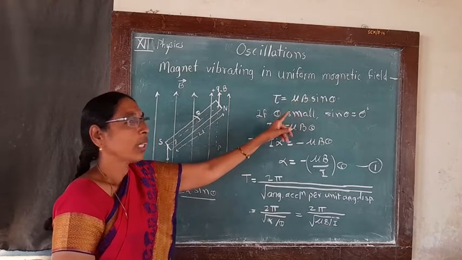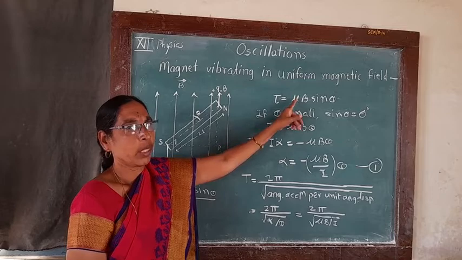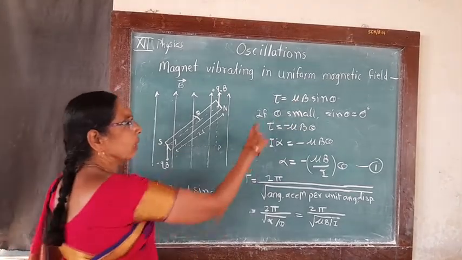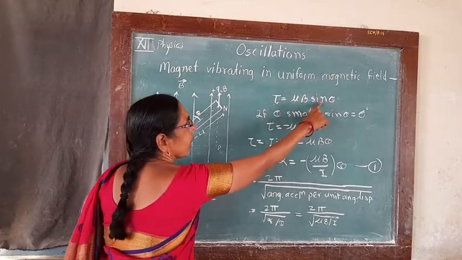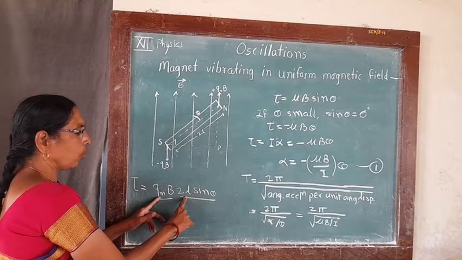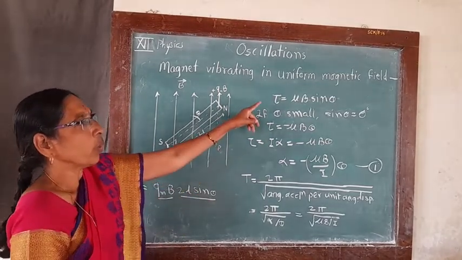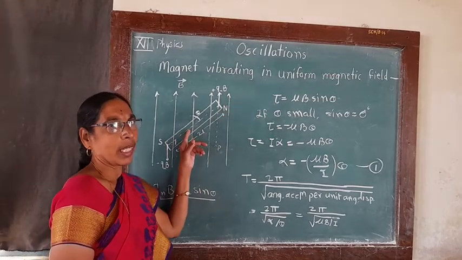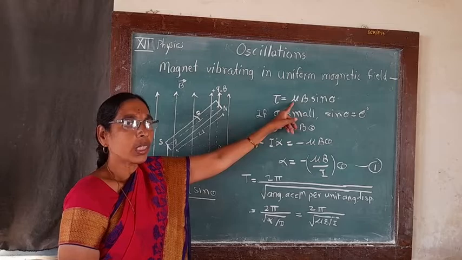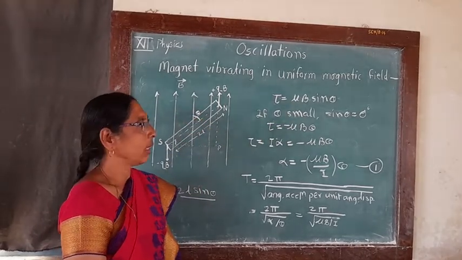So the restoring torque acting on this bar magnet is mu B sin theta, because this Qm into 2L is mu. Due to this restoring torque, the motion of this bar magnet is angular SHM.